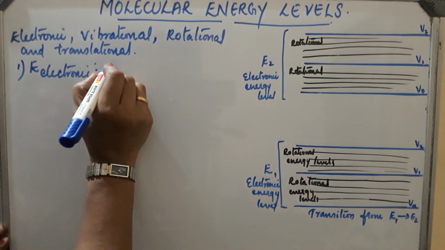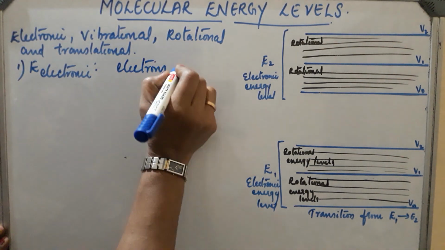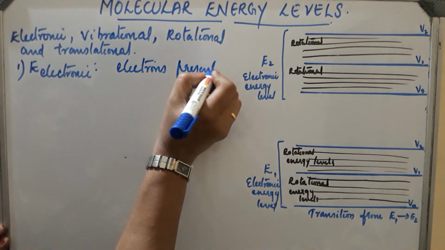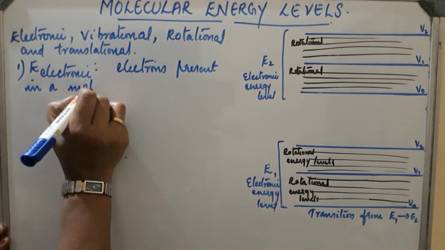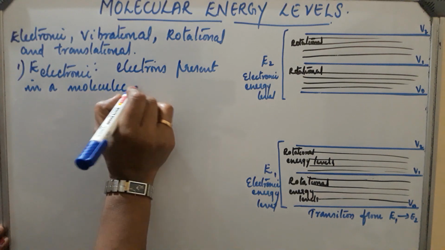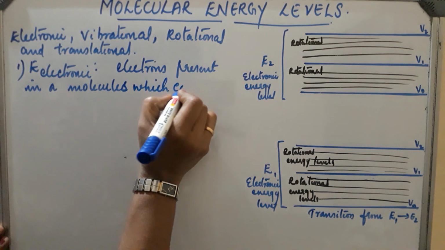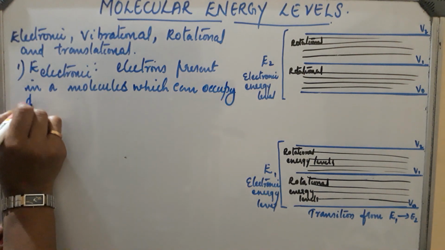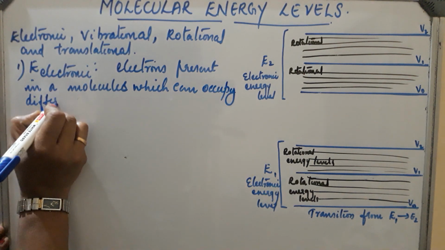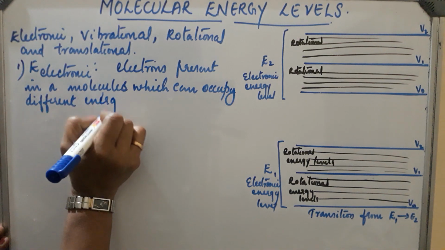Electrons present in a molecule can occupy different energy levels. These are called electronic energy levels.